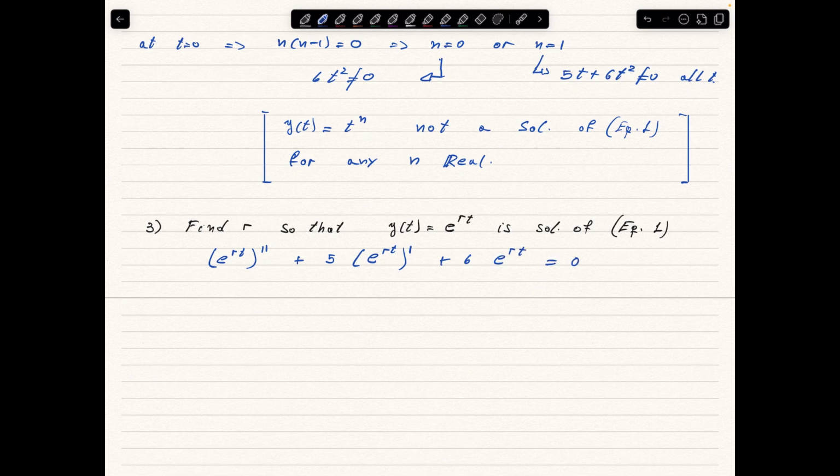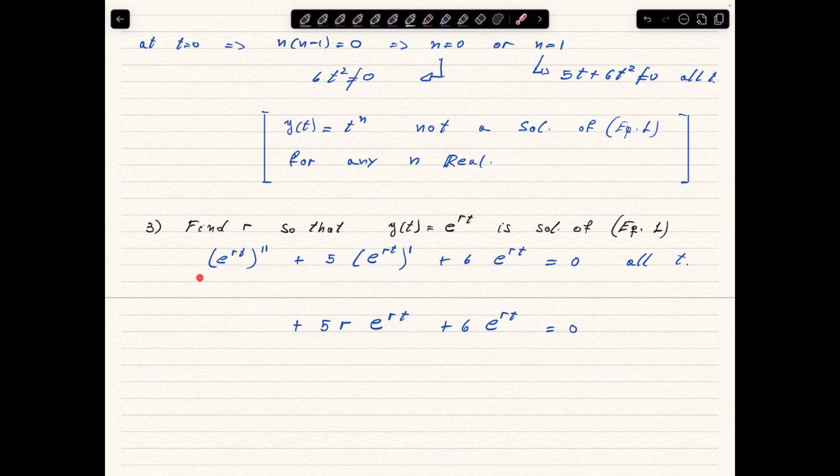All that has to be 0 again for all t. But what is the derivative of the exponential? In this term, nothing happens. In the previous term, we need to compute the derivative of the exponential, but that drops an r, and then we have exponential rt. So let's write it. This is going to be 5 r exponential rt.